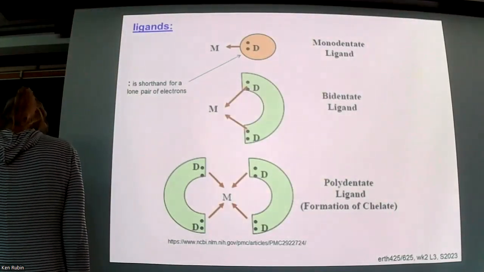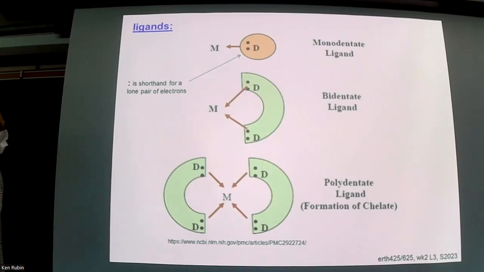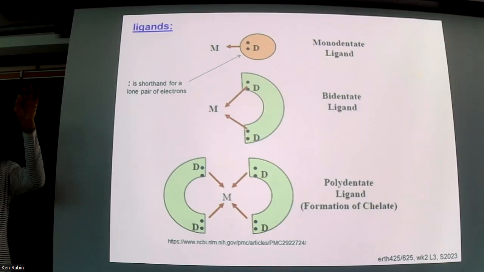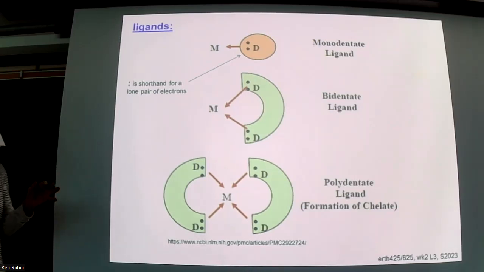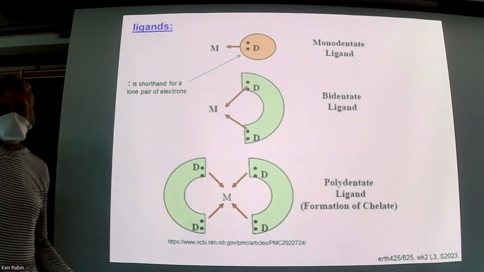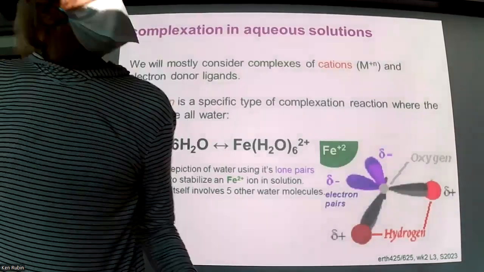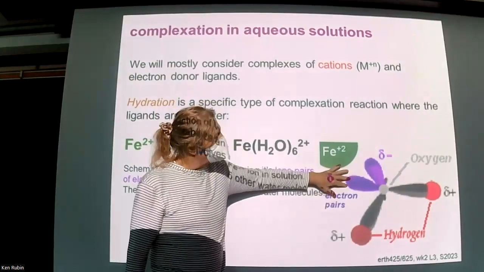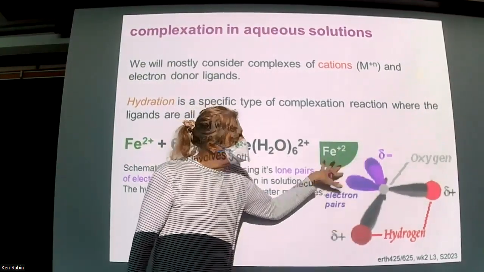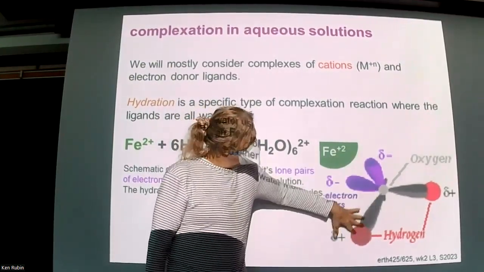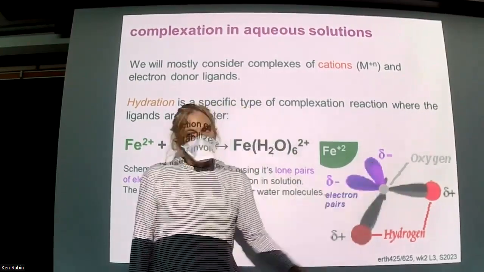Now, we mentioned the word ligand. Ligands are Lewis bases. Lewis bases are often shown in solution as those 2 dots. If you remember back to doing Lewis dot structures, they're just a free pair of electrons. In the case of water, this molecule actually has 2 dots here and 2 dots here. This is sp3 hybridization. There are 2 electrons in this bond, 2 in this bond, and 2 in these lone pairs.